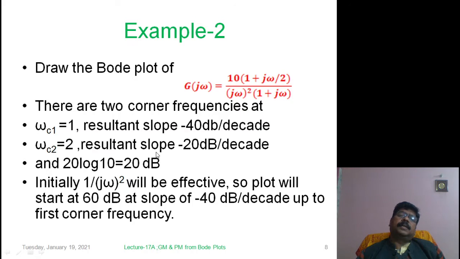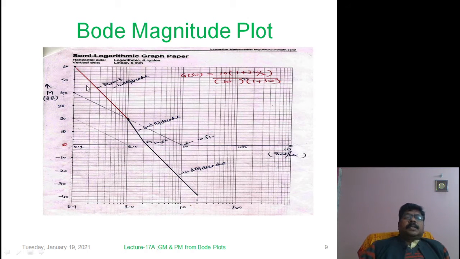So now you can see here the first part, 1 by (j omega) square, basically 10 by (j omega) square. Here 20 log 10 means 20, so it is shifted, having a slope of minus 40 dB. That will start at 60 dB having a slope of minus 40 dB per decade up to the first corner frequency, 1. After this point, this will be the graph, and it will continue.